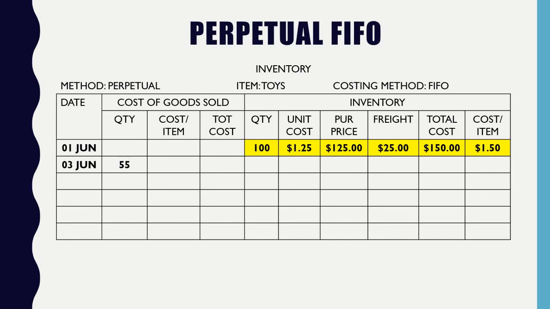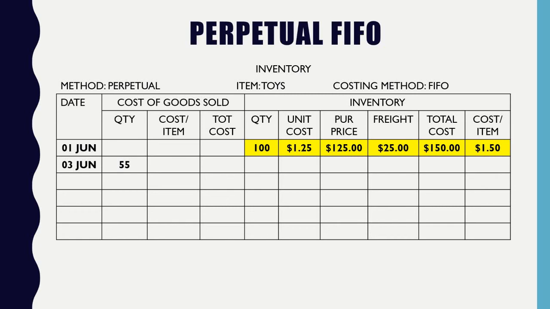So this is exactly what I'm doing. We're plugging in that we sold 55 units. We know for a fact that we only have 1 batch of inventory, so how much is it going to cost me per item if I were to sell it? The 100 items that I have are currently at $1.50 each. I'm going to carry that cost per item because I only have 1 batch in inventory.